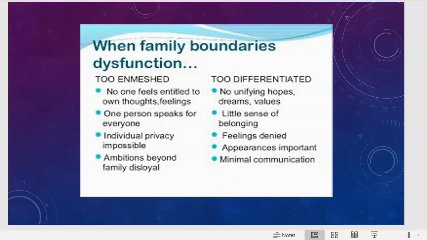So we already talked about the concept of family boundaries, and I want to give you an example of how boundaries can cause emotional distress or emotional difficulties within the family. And of course, emotional difficulties spill over into how well the family can function. So if the family boundaries are too enmeshed, meaning that family members are closely intertwined, that results in no one family member feeling entitled to their own thoughts or feelings.